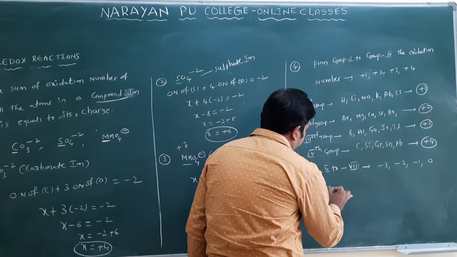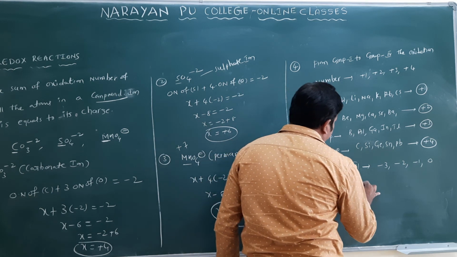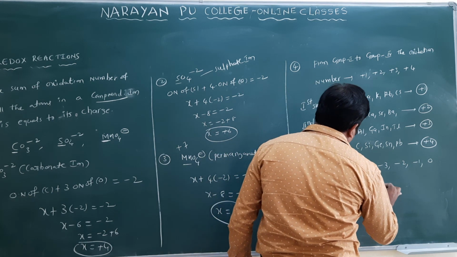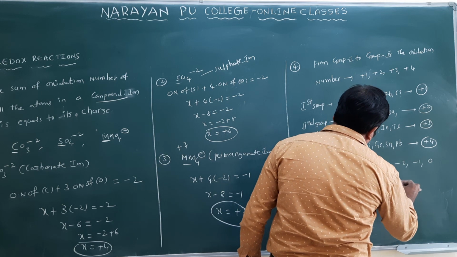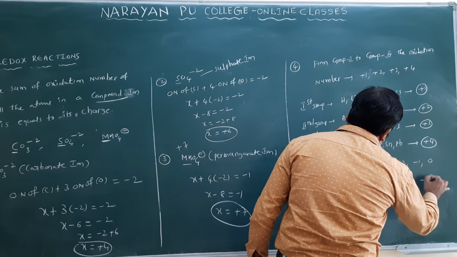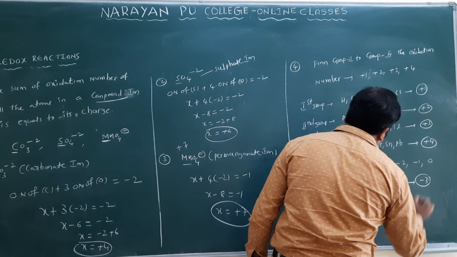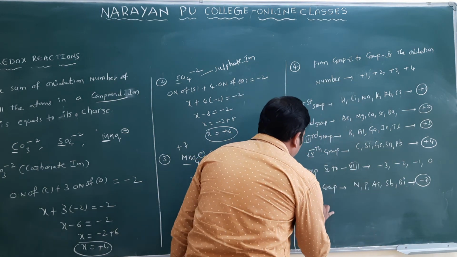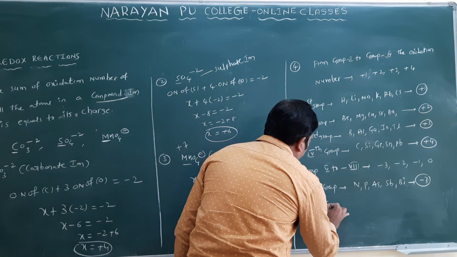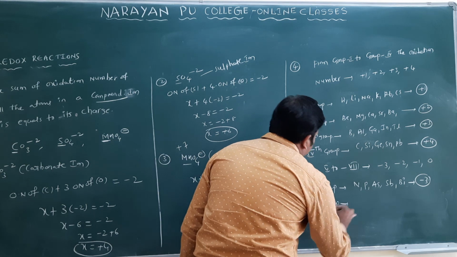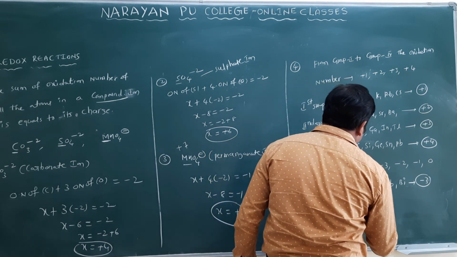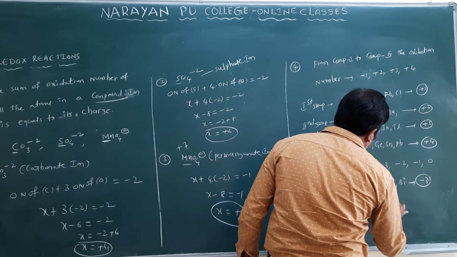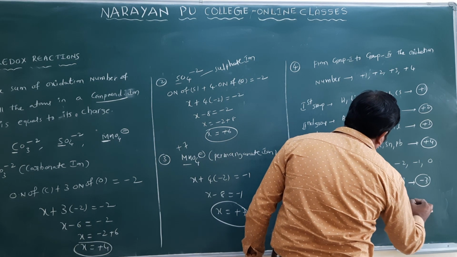Come to the fifth group. We have nitrogen, phosphorus, arsenic, antimony and bismuth. These elements are in this group. The oxidation number is how much? -3. If you go for the sixth group, what can you take here? Oxygen, sulfur, selenium, tellurium and polonium.